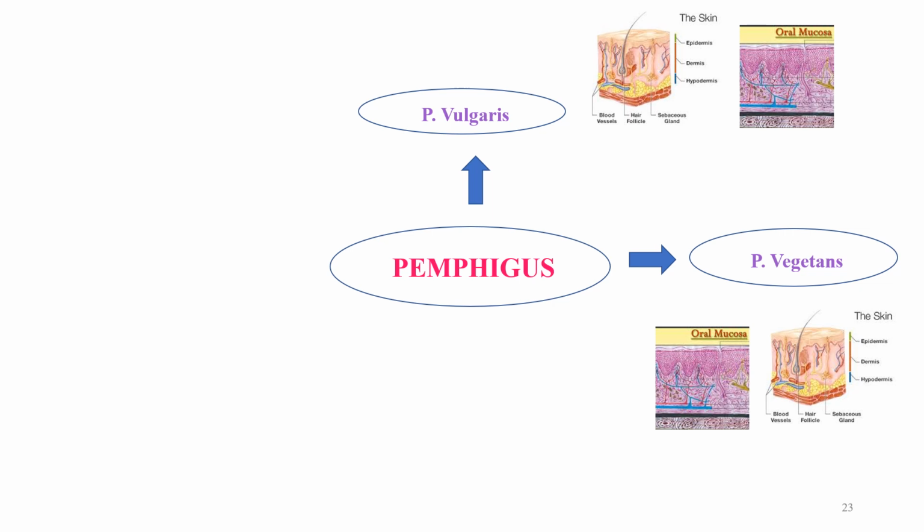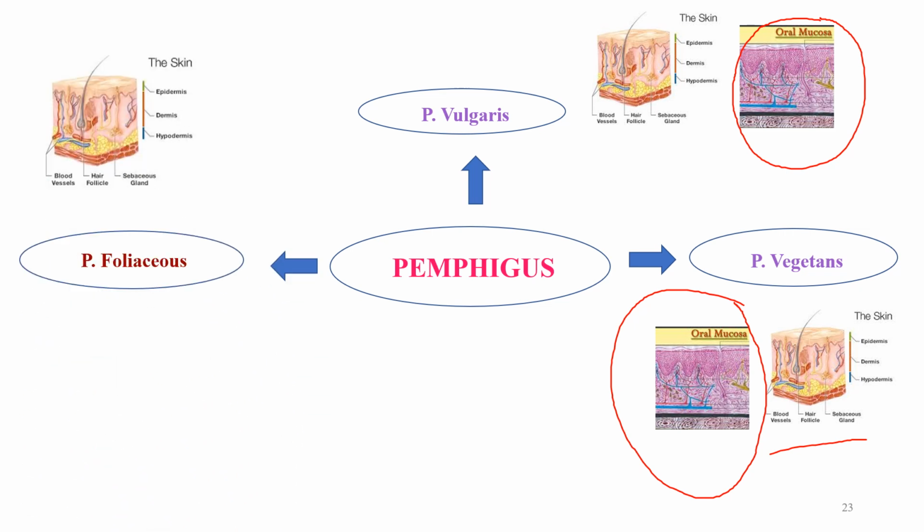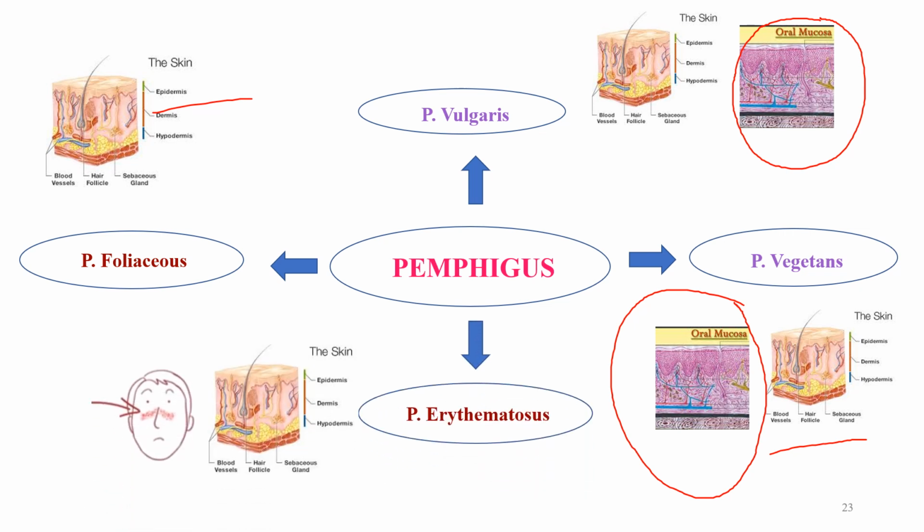But in that also, 60% of cases only involve mucosa, and the rest of the 40% though involve skin, the lesions appear much prior in the oral cavity compared to the skin, almost 1 year prior. And coming to Pemphigus foliaceus, it involves generalized areas of the skin, whereas Pemphigus erythematosus involves localized areas of the skin like the butterfly malar rash.